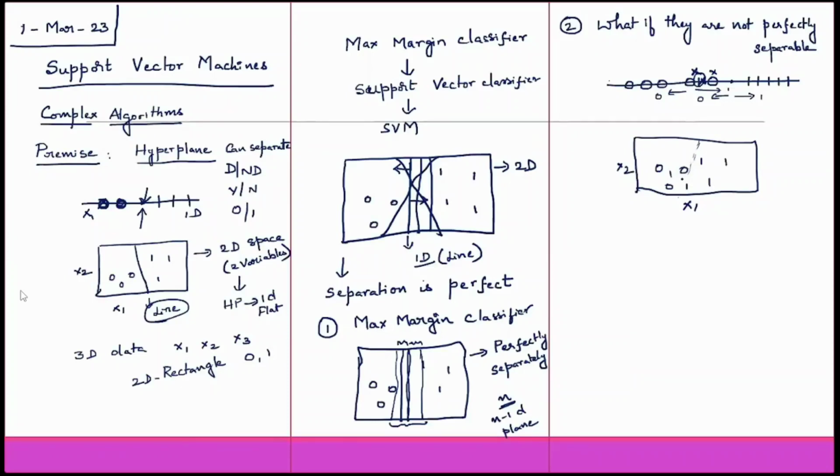Whatever I do, I may not be able to perfectly segregate the data without misclassification. Though the data is two-dimensional and I have to use a one-dimensional hyperplane, which is a line, I will not be able to segregate the zeros and ones perfectly. So this means there is a possibility of a bias variance trade-off that can come here.